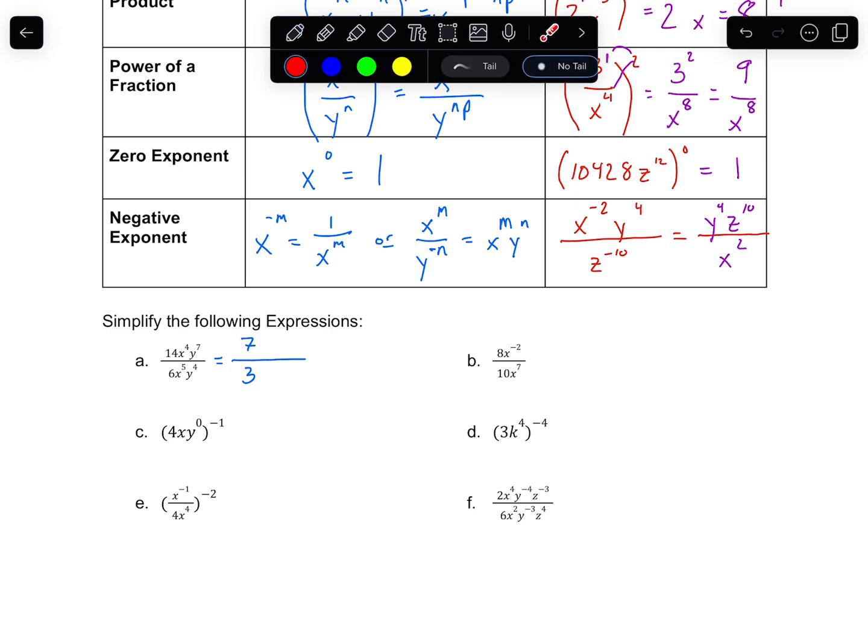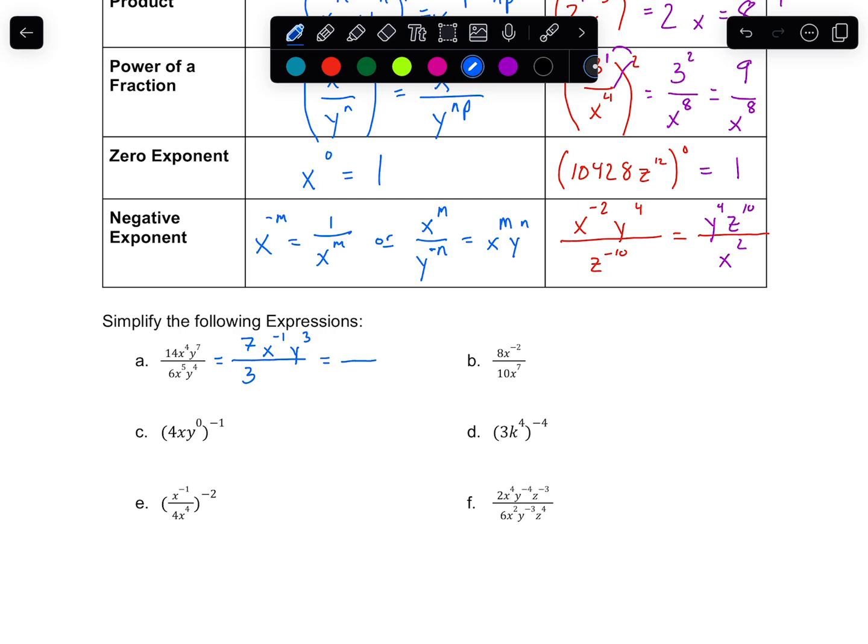So that 14 over 6 is going to become 7 over 3. And then looking at x to the 4th over x to the 5th, we'll have a quotient rule, so this can become 4 minus 5. For right now, I'm going to write it as x to the negative 1, because it stays up top when I use subtraction. And then our y to the 7th divided by y to the 4th is going to become y to the 3rd.